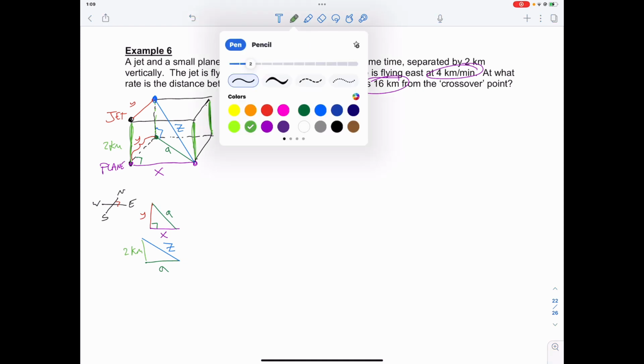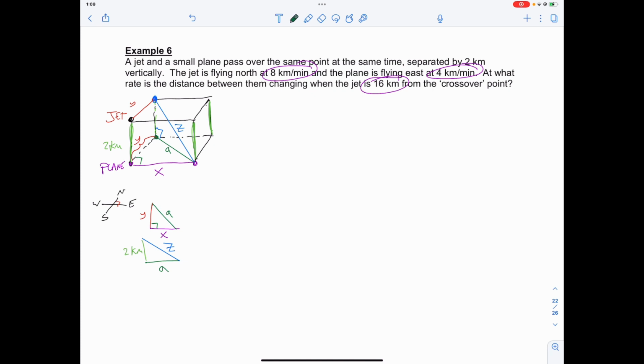So, when I'm defining my variables, I'm going to say let x equal the distance traveled by the plane.